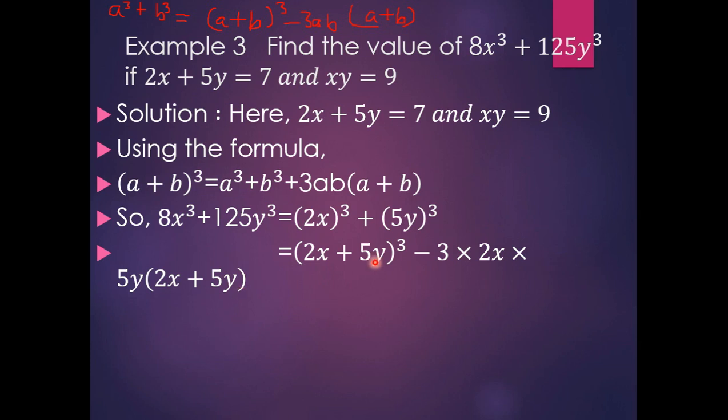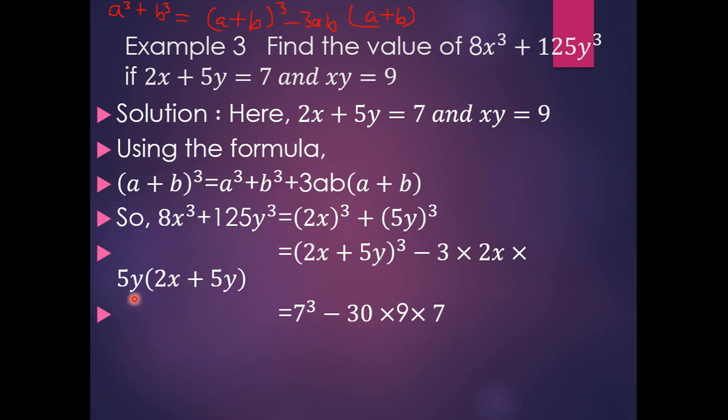And now this 2x plus 5y value, from here we can put 7, minus 3 times 2 is 6, times 5 is 30, and this xy value 9 we will substitute, and the 2x plus 5y value we put 7. Next step, look at here. This value is 7, its whole cube, minus 3 times 2 is 6, times 5 is 30, we have written here.